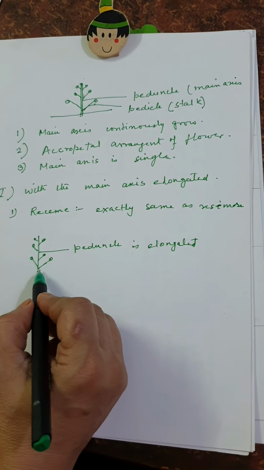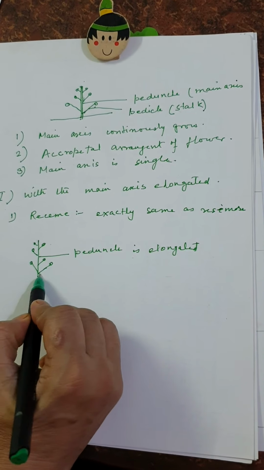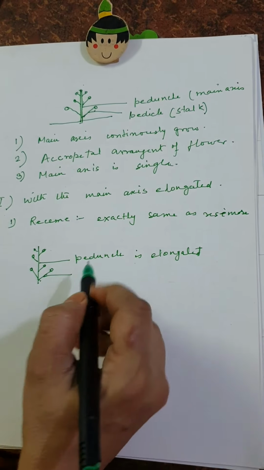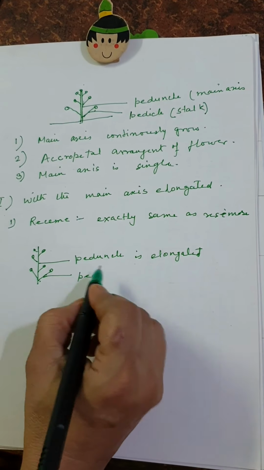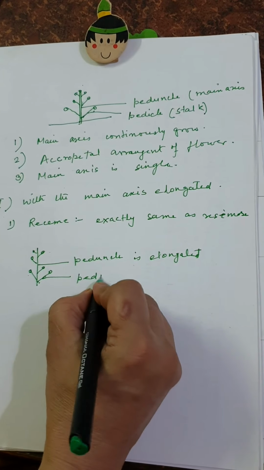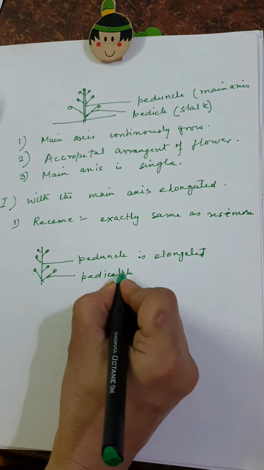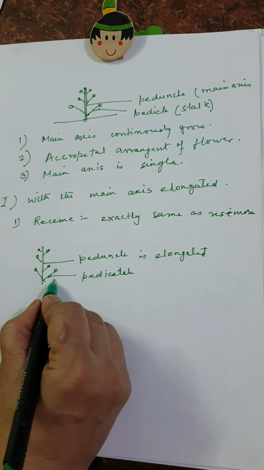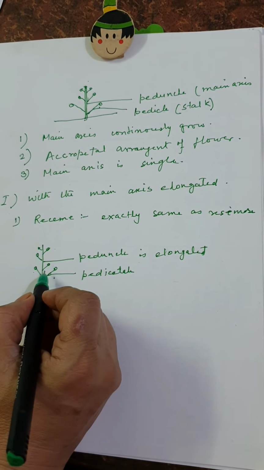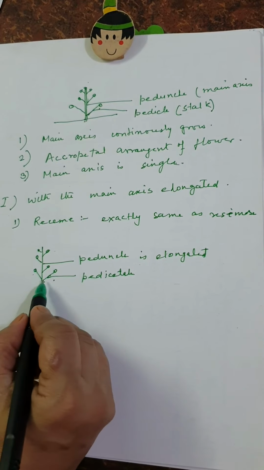In raceme, the main axis is elongated, that is, the peduncle is elongated. Flowers are pedicellate, that means they have a stalk, and they are in an acropetal manner: younger at the tip and older at the base.